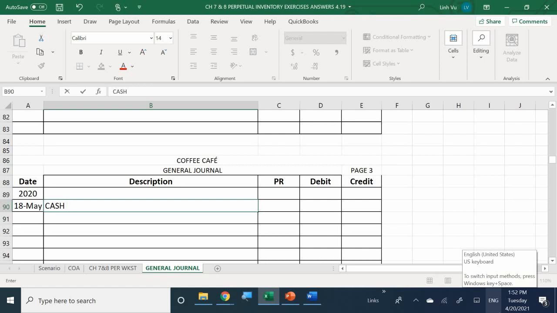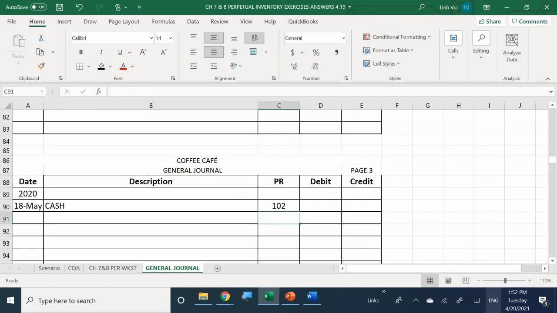They're paying off what they owe us. What else do I need to recognize? Sales and sales tax? No, because we've already recorded that we made a sale already.